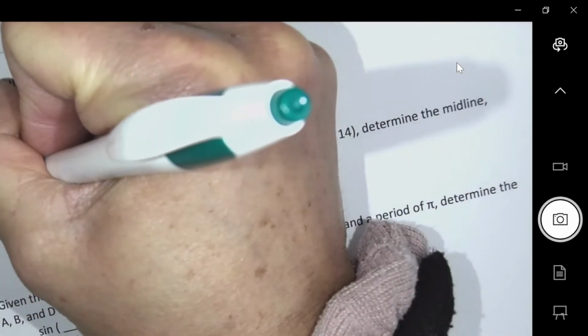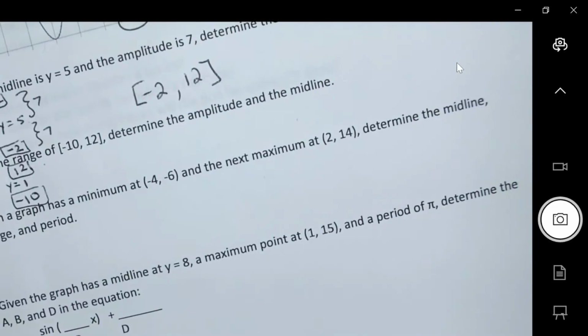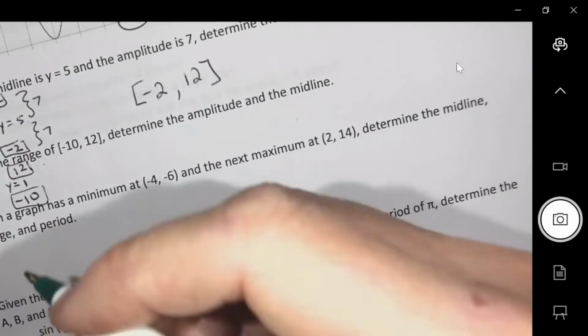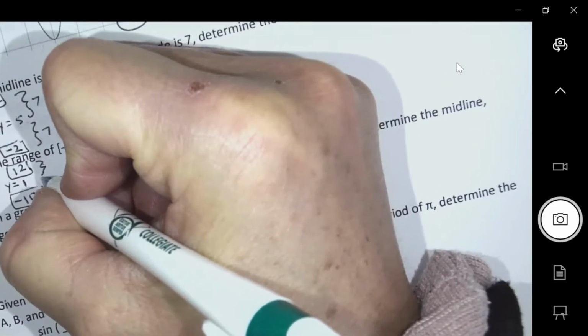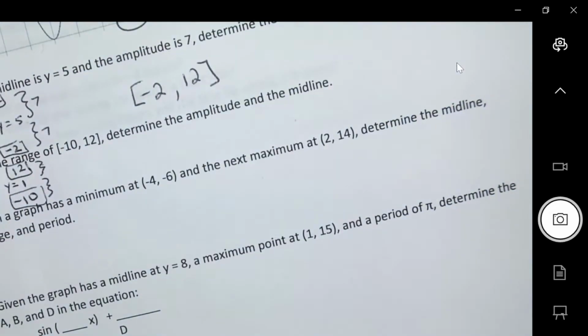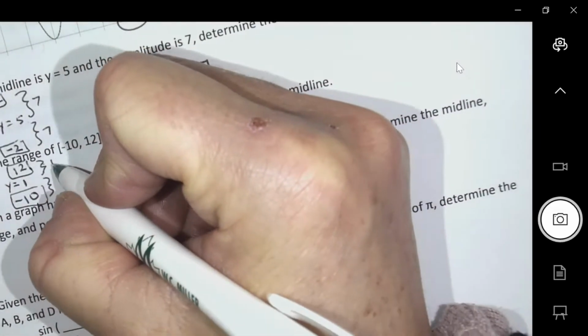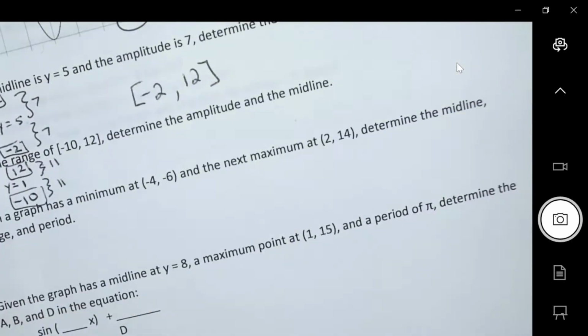Did you get 1? Is that what we're getting? Okay, so 1 is in the middle. So, how much space is there between 1 and 12? That should be 11 and 11.